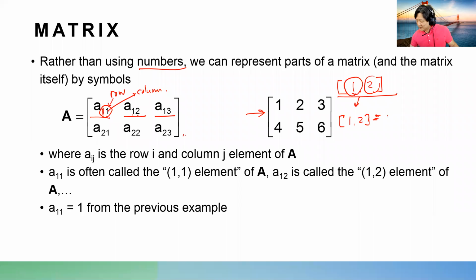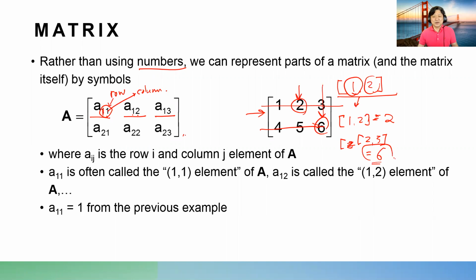What element? 2. 2, right? So first row and second column, 2. What about 3? No, I'm sorry, 2, 3. 6. Second row and third column, 6, right? This is how we can represent the elements of a matrix.